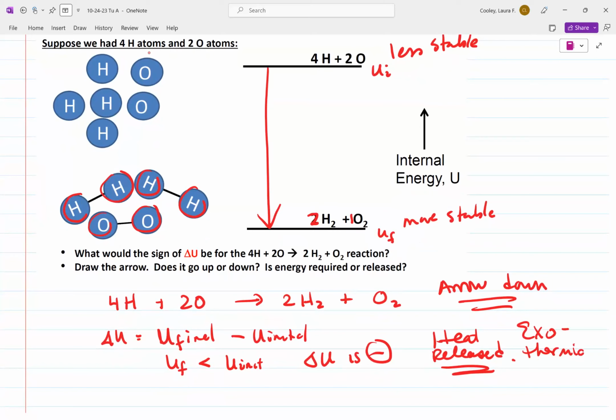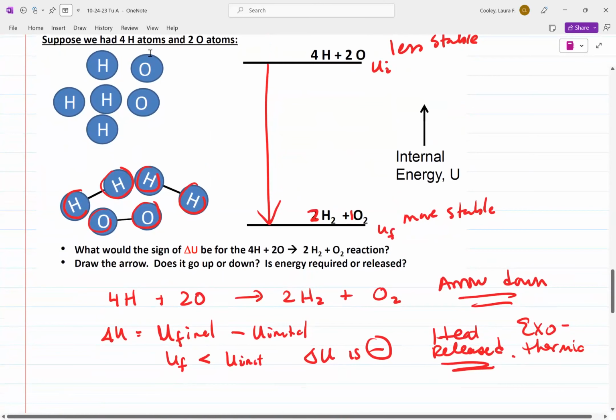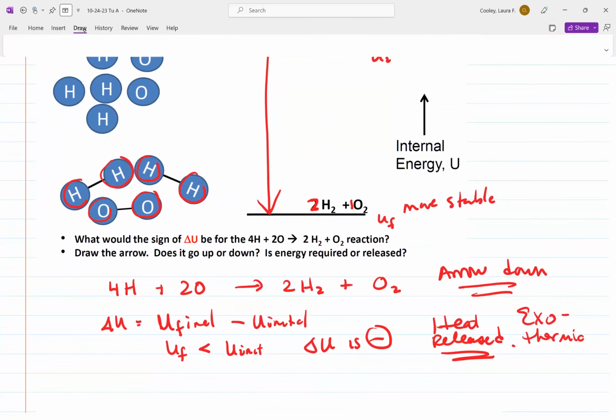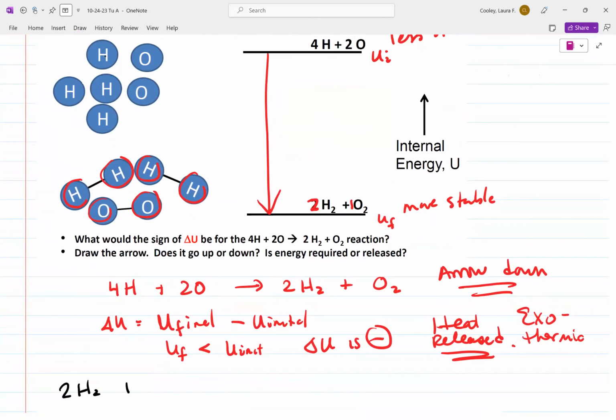Okay. So if we have these 4 hydrogen atoms and 2 oxygen atoms, or 2 H2 molecules and O2, is there something else that we could do with those components? Is there another thing we could make from hydrogens and oxygens like this? If I have 2 H2 and O2, what else could that form?